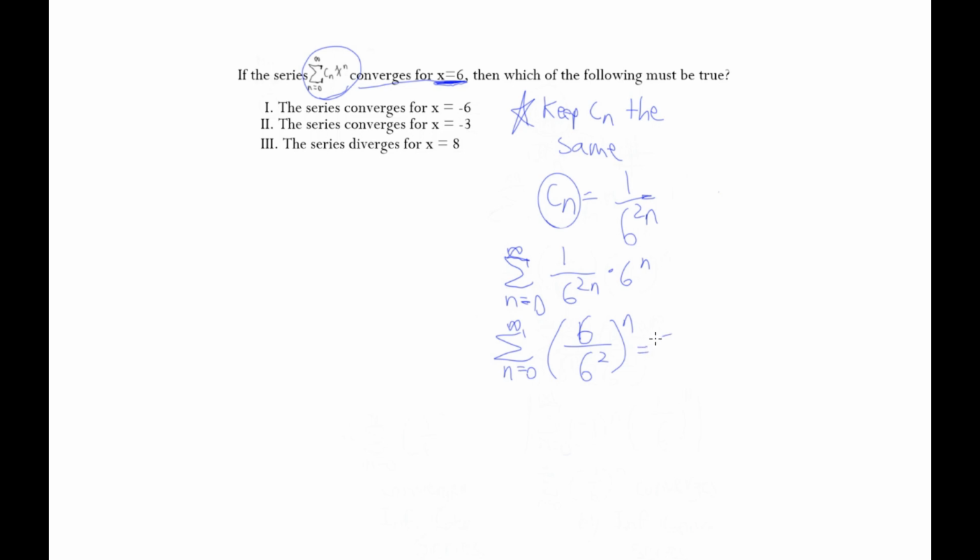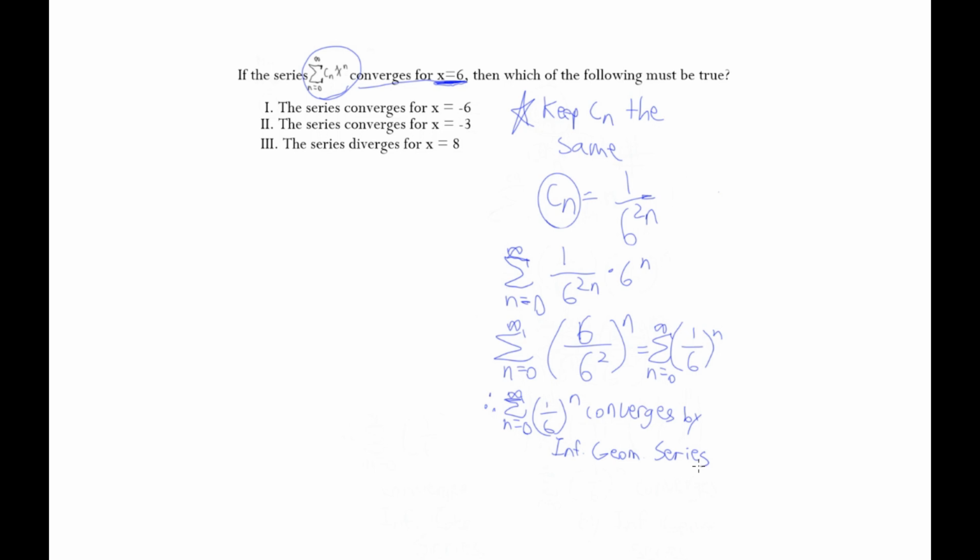And that will give us 1 over 6 to the n. And 1 over 6 is clearly a number that's smaller than 1. And so by the infinite geometric series, this series will converge.